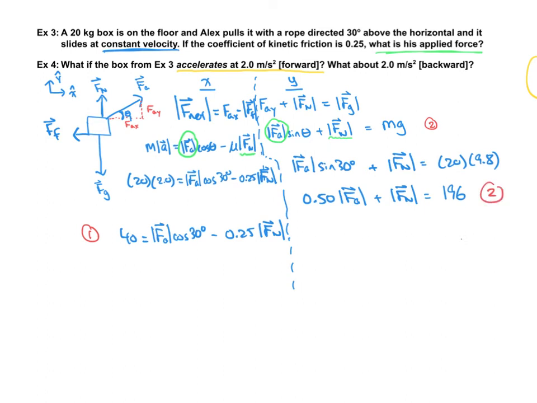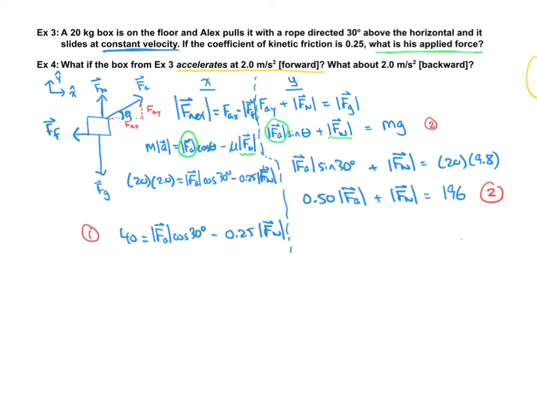So what I'll do is I'll type these two into Wolfram Alpha. I will use A for the applied force. I'll use B for the normal force and see what Wolfram Alpha comes up with. So you won't be able to see me typing it in, but I'll just give some commentary maybe.